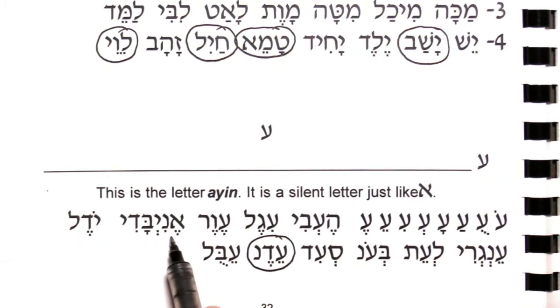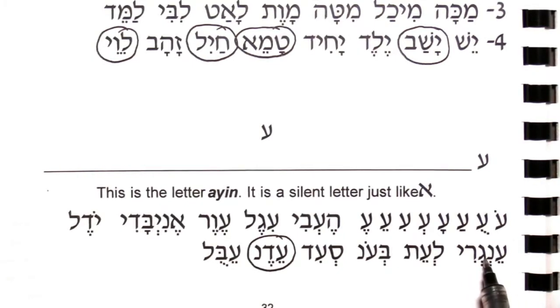Anybody. Yodel. Angry. There's a pause. There's a G sound, flows right into the R sound. Angry. Late. Bone.